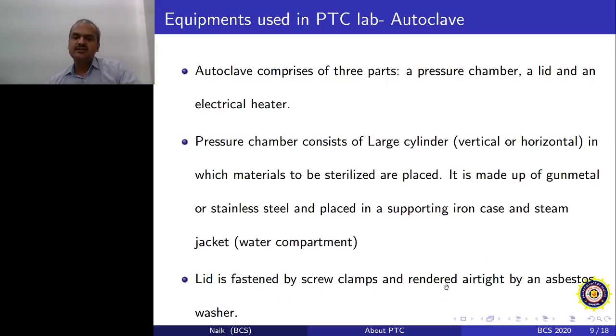This type of lid is rendered airtight by an asbestos washer. There are washers present at the circumference of the lid, which hold the lid so tight that there is no leakage of air between the lid and the chamber.